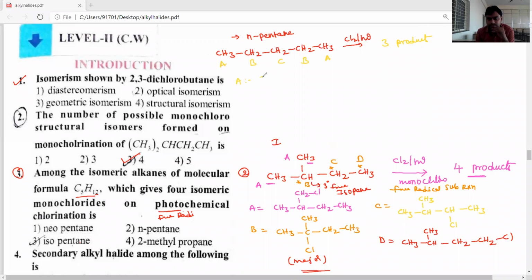A: CH3, CH2, CH2, CH2, CH2Cl, carbons 1, 2, 3, 4, 5. This is the first one. Now B: CH3, bond CH, at the second carbon, either right to left or left to right, the second carbon position is the same, so chlorination gives a similar product. Next, see the third one.